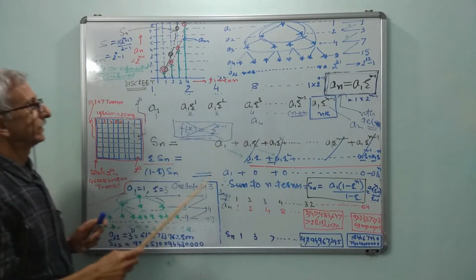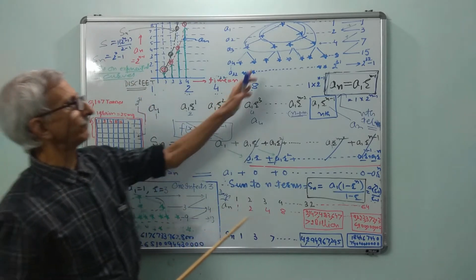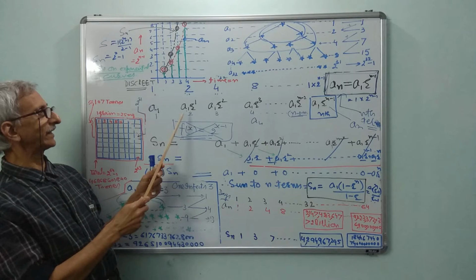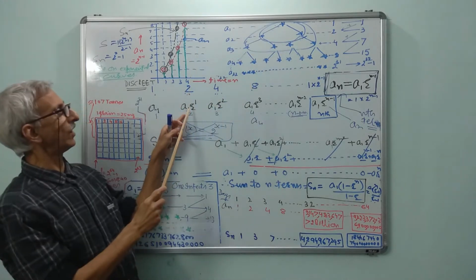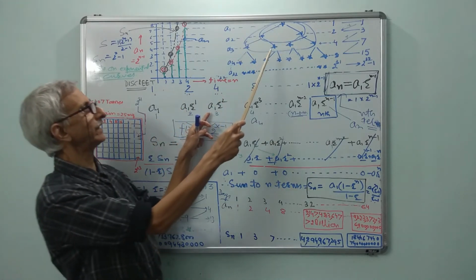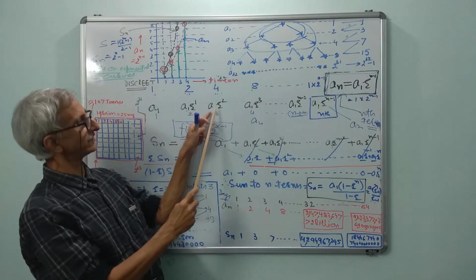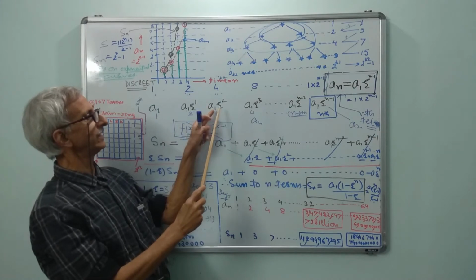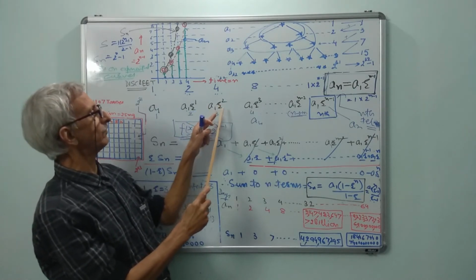Now to explain that in a general way, I pick the first term as a1 and the second term as a1r, because instead of doubling it is now r times. Its r times is a1r square, the third term. Corresponding to this, a1 is 1 and r is 2, so this becomes 4.